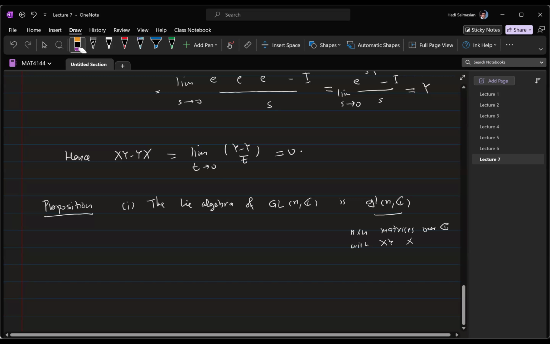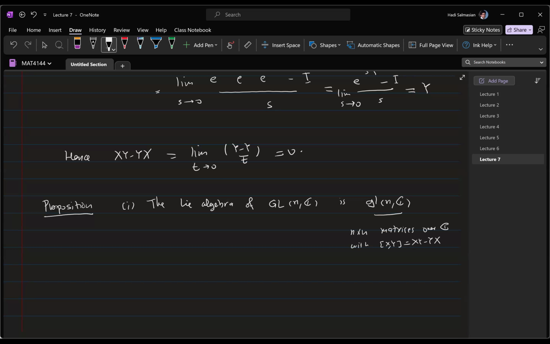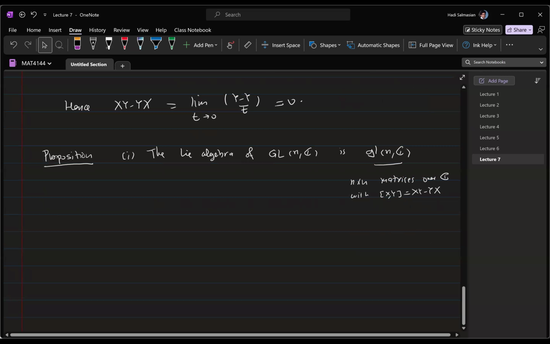Maybe I should write it as bracket equals. Okay, so this is clear, because the exponential of any matrix in GLNC is in GLNC. By definition, you see that's what it is. You just have to figure out what elements have the property that e to the tx is always in the Lie group given.